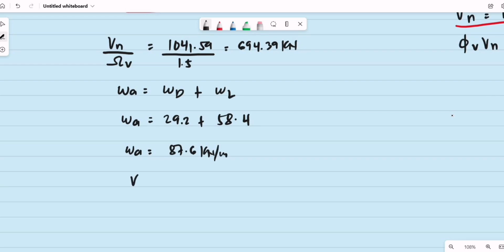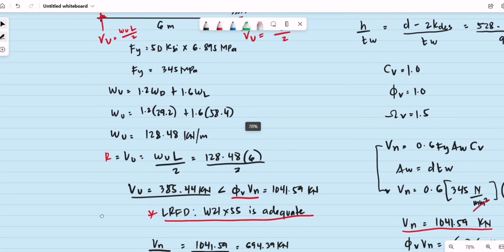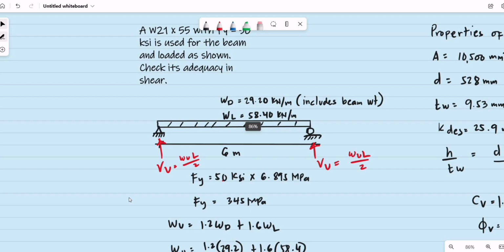So how do you compute for the allowable shear? V sub A is basically the same as the support reaction. Our V sub A is simply equal to the uniform load times the length of the beam divided by 2, equal on both sides.